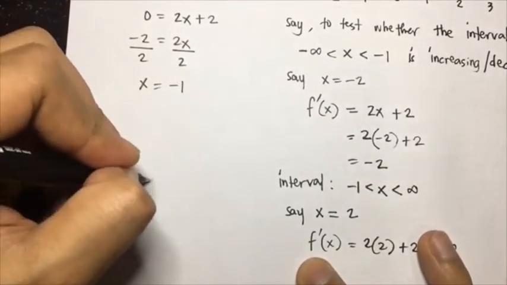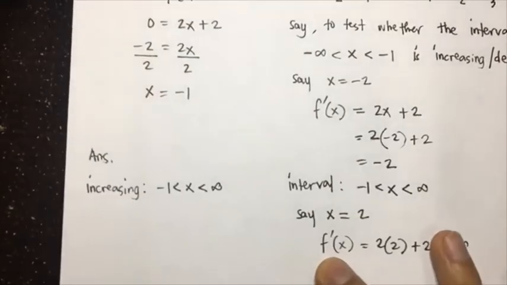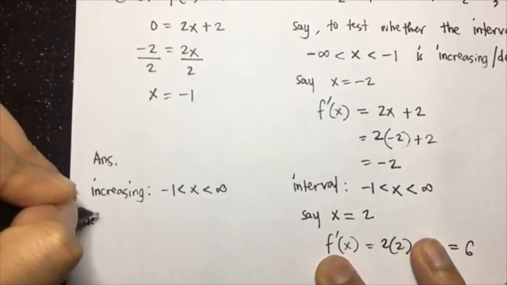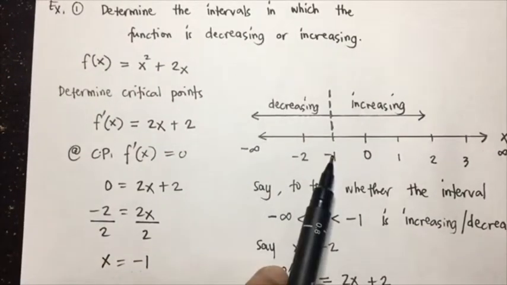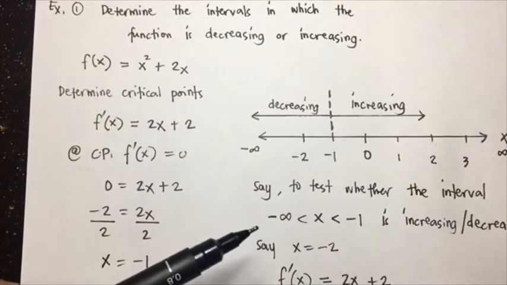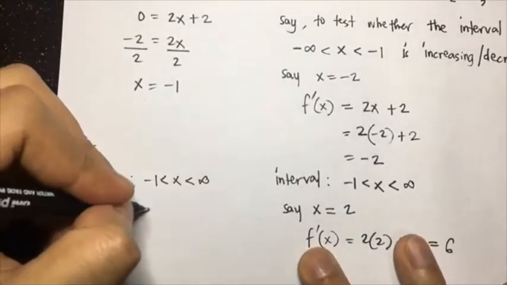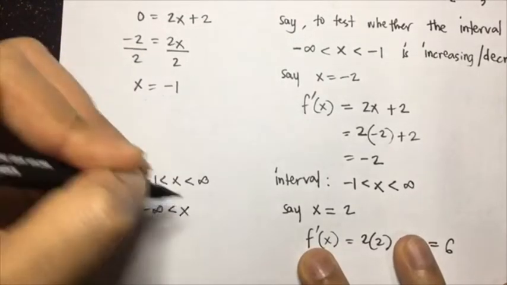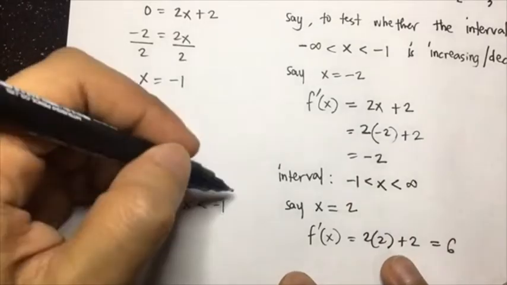It's increasing from negative 1 is less than x is less than infinity, and then this is decreasing from negative infinity to negative 1. So always remember that we look at the intervals from left to right. So from negative infinity is less than x is less than negative 1. Okay, so that is your answer.